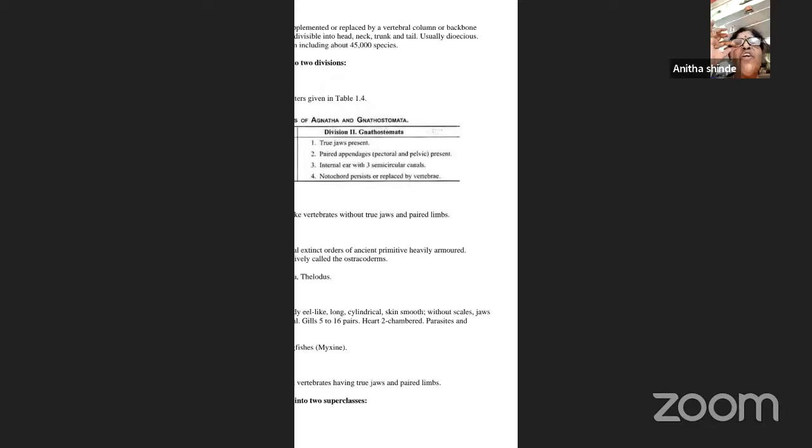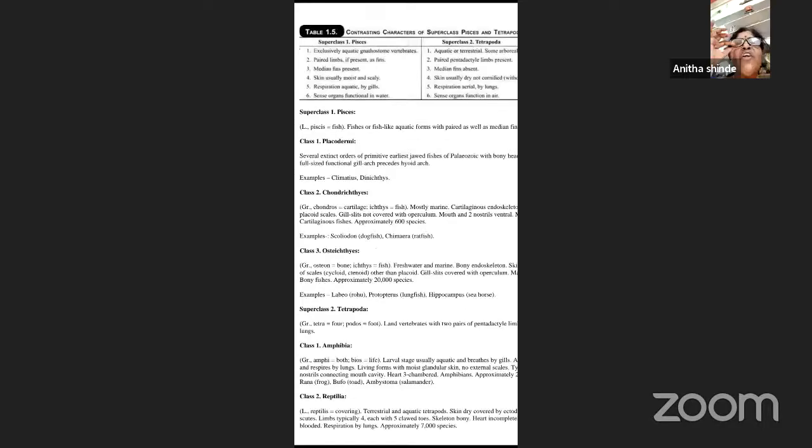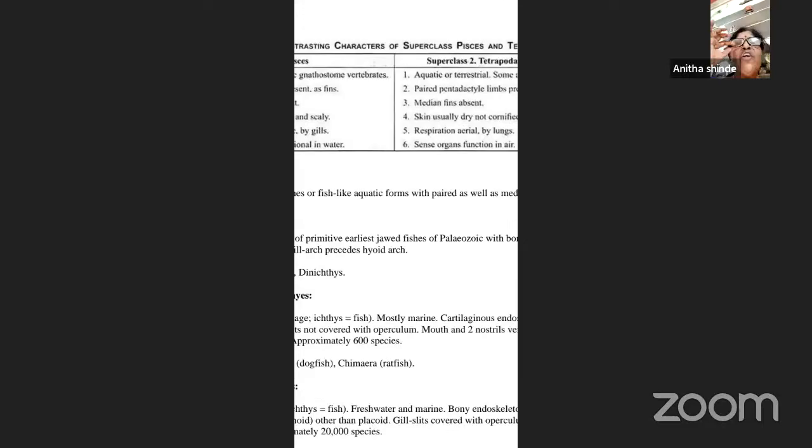The differences between Pisces and Tetrapoda, if you see: Tetrapods may be aquatic or terrestrial, and some are also arboreal as well as aerial. In Pisces, paired limbs, if present, are fins, and median fins are present, whereas in tetrapods limbs are present.